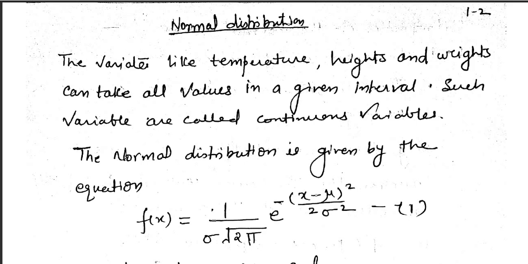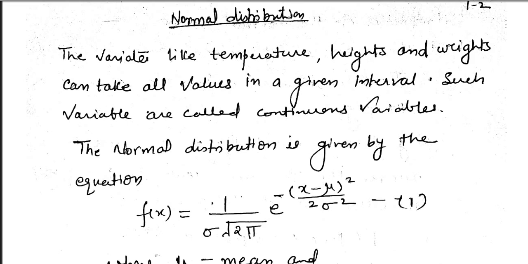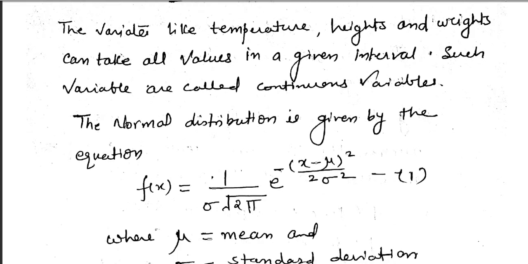So let's consider an example about normal distribution. Look at here, the variate like temperature, the variate like height, the variate like weight.